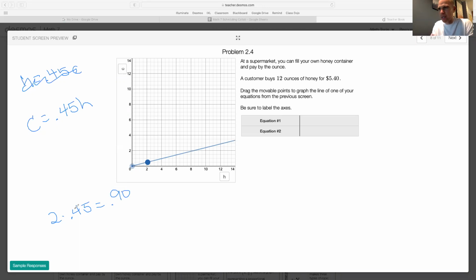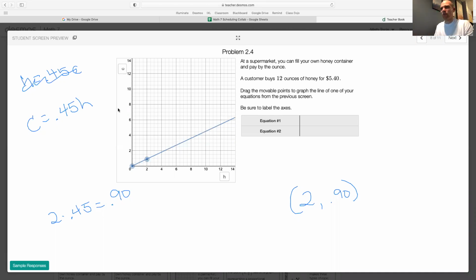So if I just find the point 2 comma 90 cents, that'll give me a good point. So you have to kind of eyeball it though, right? This isn't that great. Well, I know that the second line up is $1, right? Because it's right between 0 and 2. So I guess I just wanted a little bit lower than that.